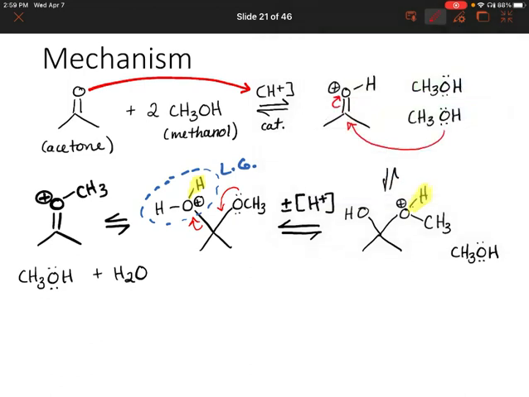So now the second methanol molecule can come in and attack.